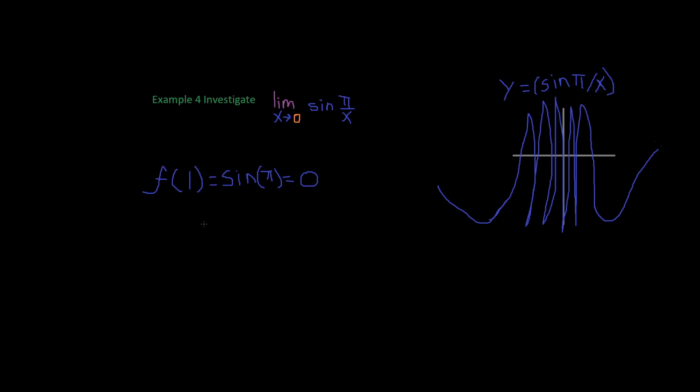And so let's say we're approaching 0. Let's say we give it another number, I don't know, 0.1. That's going to give us sine 10 pi. And we know our trigonometric functions, so we know that this is going to give us 0.